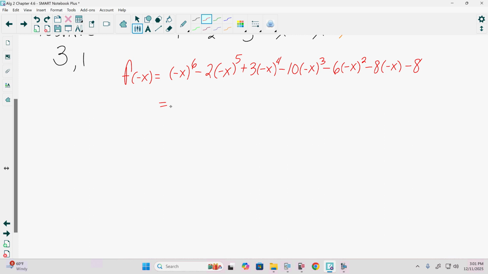Well, before we start delving too far into this, I'm just going to look at that. So you don't have to write this down. One, two, three, four, five, 6. We have a negative x to the 6, which is just saying we're taking negative x and multiplying it by itself 6 times, yes?